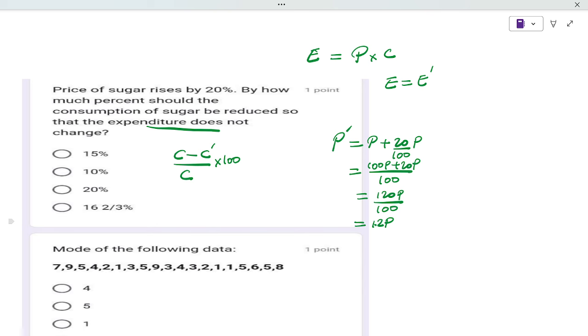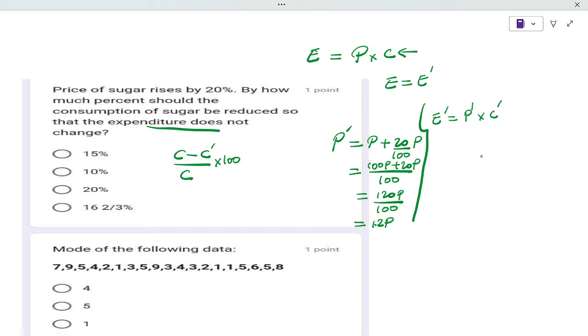Okay, now let's set up the equation for the new expenditure. The new expenditure E dash is equal to B dash into C dash, because the definition is the same: expenditure is equal to price into consumption.